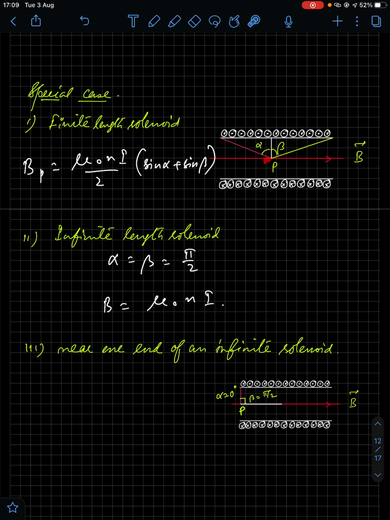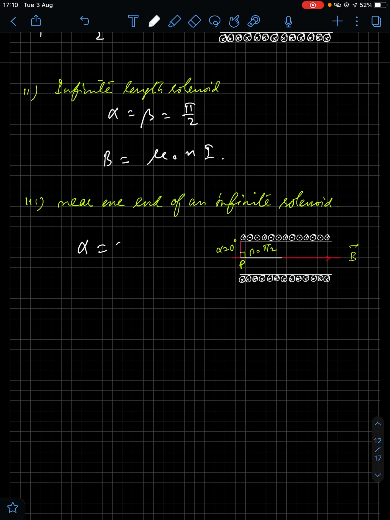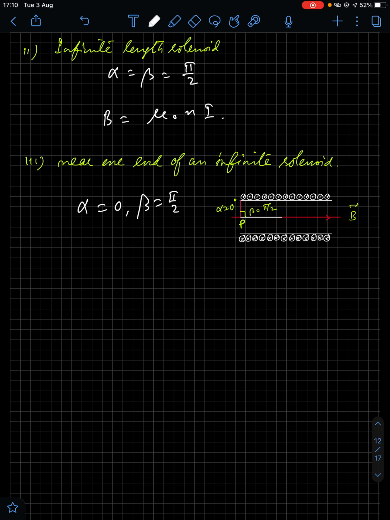Now near one end of the solenoid, say we consider this end. If you see this diagram, if this point comes over here, to this end, then this alpha angle will become 0, and beta angle will become 90 degrees. So alpha is 0 and beta is pi by 2, and your B at one end of the solenoid becomes mu naught n I divided by 2, into sin 0 plus sin 90.